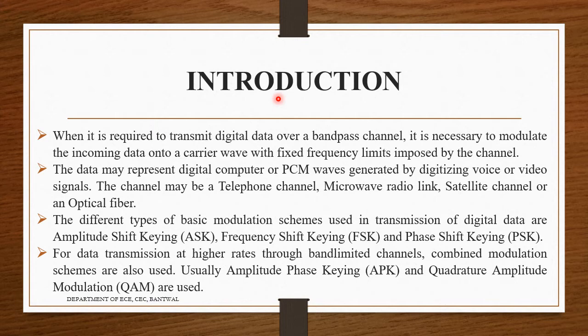Usually this data can represent digital computer data or PCM, pulse code modulation, which is digitized voice, video signals, etc. For example, if I'm speaking to one of my friends on a mobile phone, my voice is recorded by the microphone in the mobile phone. It is converted from analog to digital and modulated with the help of a carrier signal via the antenna of the mobile phone.